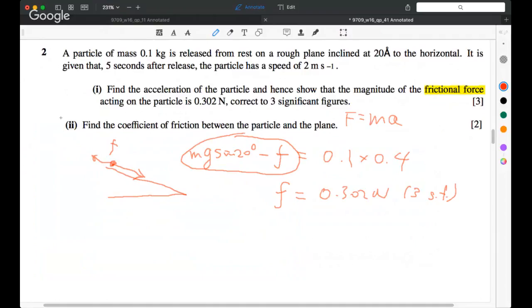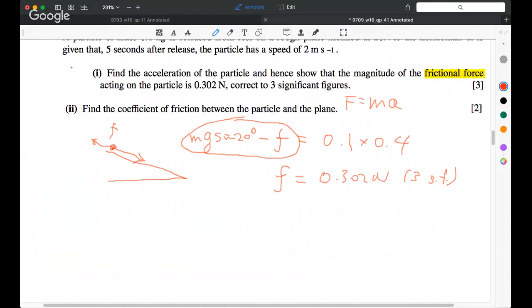Okay, and coefficient of friction. Does anyone know what that is? Let's denote it mu. So what is the coefficient of friction? Normally, it's just the ratio between the frictional force and the normal force.